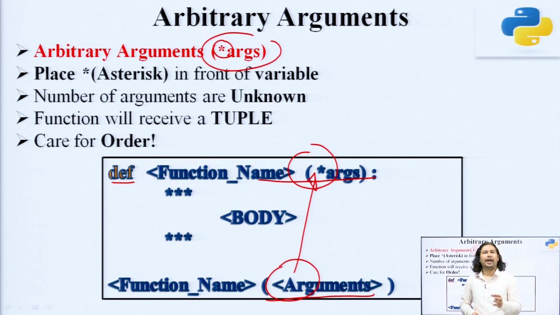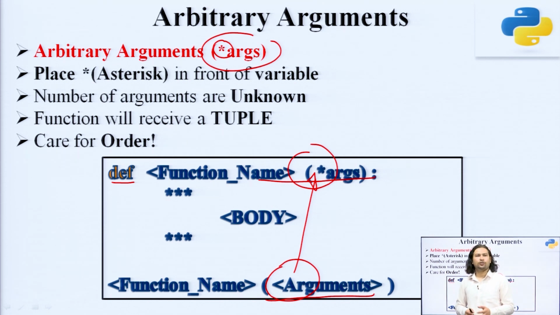Arbitrary means anything, any number that is not fixed, that is volatile, or you can say it is not constant, it is not rigid. That means if the number of informations is 2, the argument will fetch 2 pieces of information. If the number of informations coming is 5, it will fetch all 5.